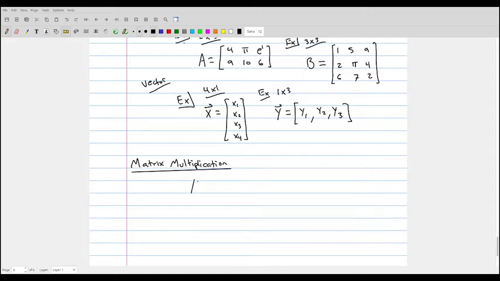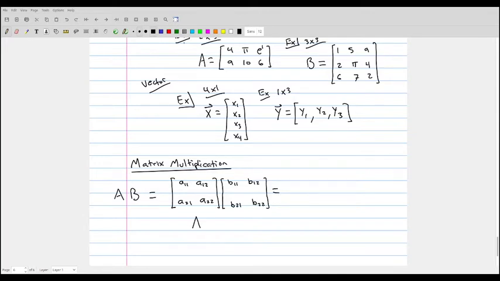You have a matrix A, we'll call it, times a matrix B, where A is A11, A12, A21, A22, multiplied by a matrix B, B11, B12, B21, B22.